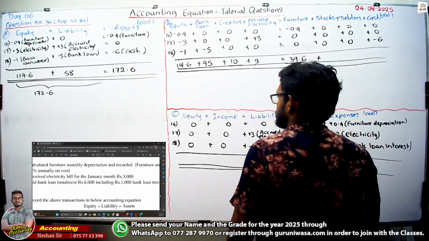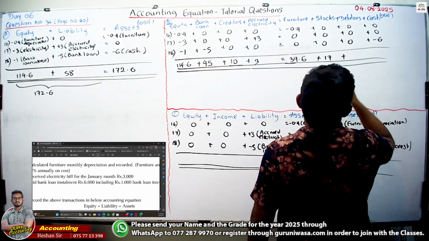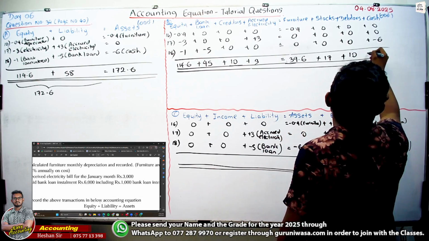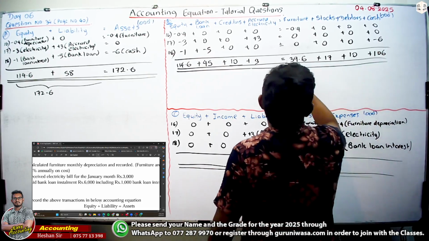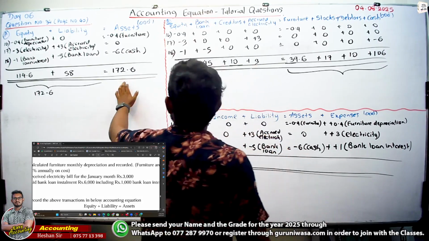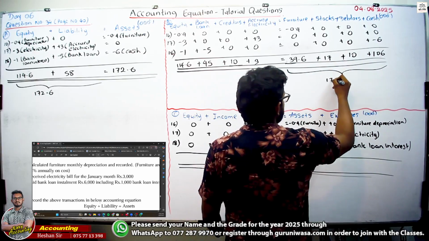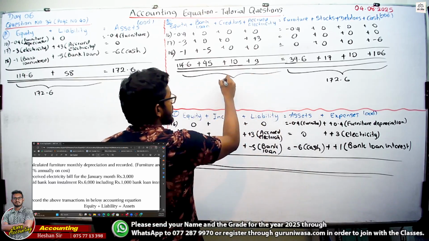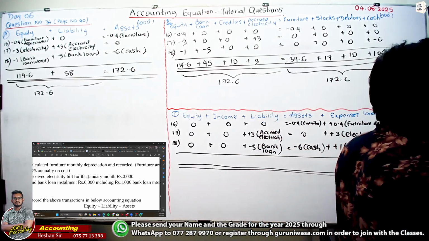Stocks 17. Debtors 10. Cash 106. Total of these things: 172.6. Just check and tell me, is it 172.6? These also should be equal to 172.6. Just check and verify.